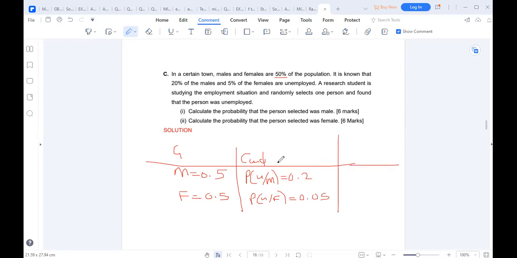So this is the conditional probability. Let's do the joint probability when you apply these two. What are you getting? 0.1 on the joint, then 0.025. Then the total is 0.125.